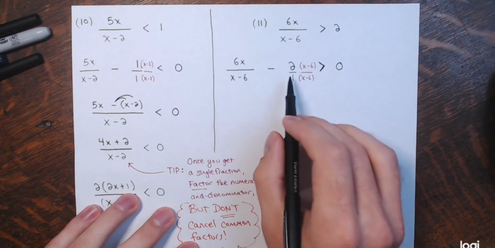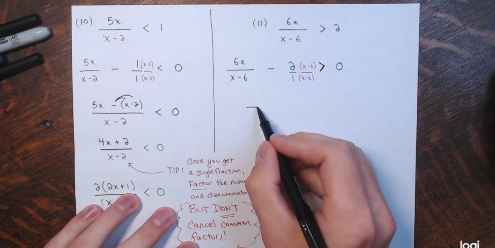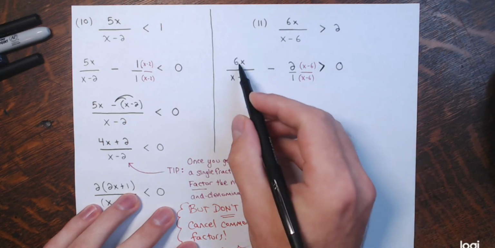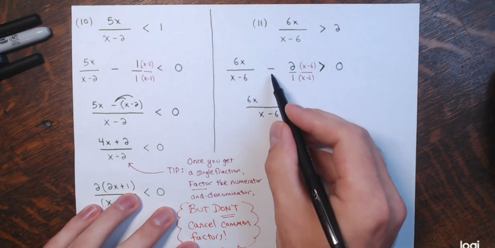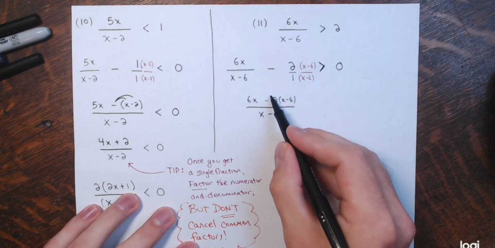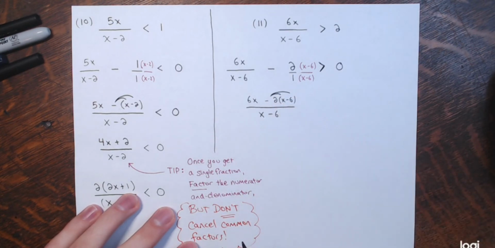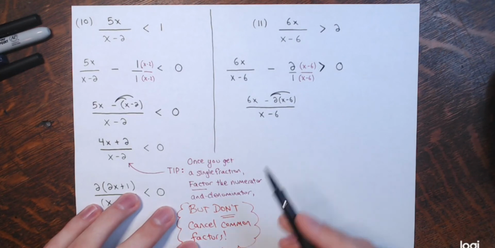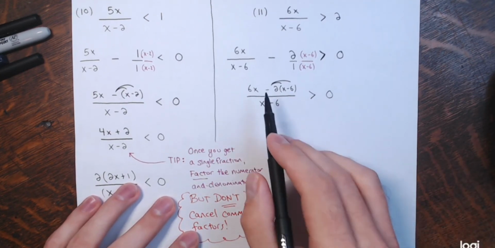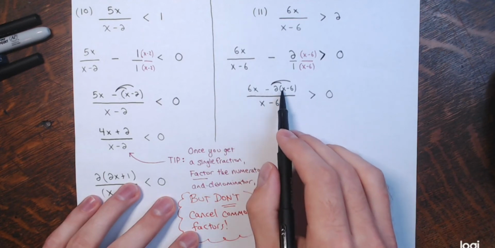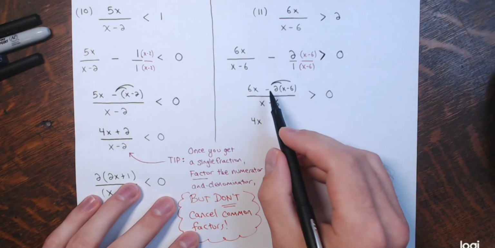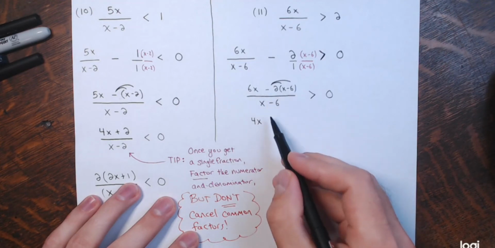Both denominators would be x minus 6, so that's going to be the denominator of the difference. Then I have the first numerator minus the second numerator, 6x minus 2 times the quantity x minus 6, and so I'm distributing -2 this time instead of -1 like in the previous ones. And we have still is greater than 0. Here 6x minus 2x would be 4x, and then -2 times -6 would be positive 12.